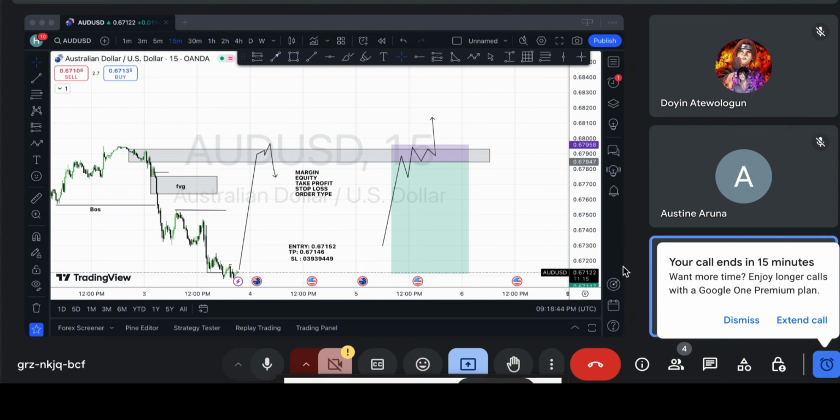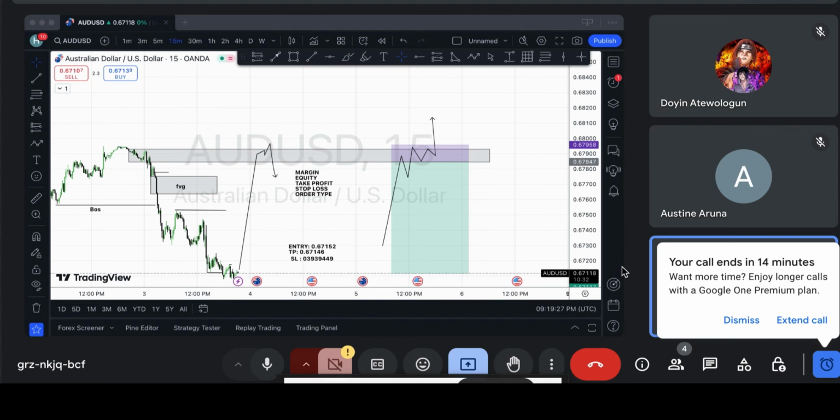So the same thing in trading, we call it order. When you are taking a trade, you are entering any trade, it's an order also. It's called order. So a market order is the simplest type of order.